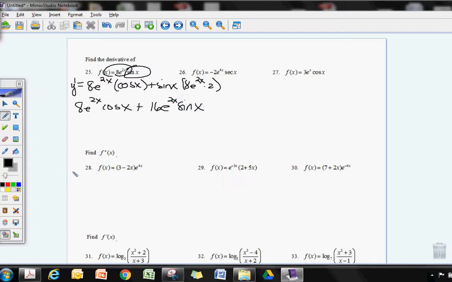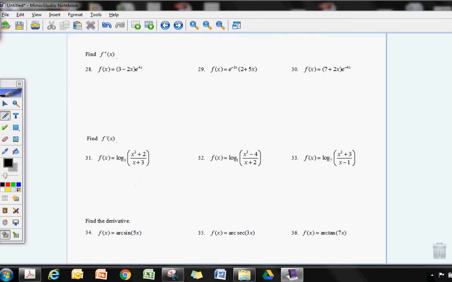Done. And on to number 28, finding the second derivative. Well, first of all, you guys got to see that this is a product that we're going to start off with. Space is going to be tight, so I'm going to use up all of this. So my first part, 3 minus 2x, derivative of the second, e to the 4x times 4.